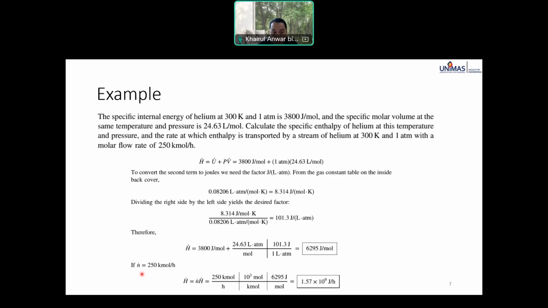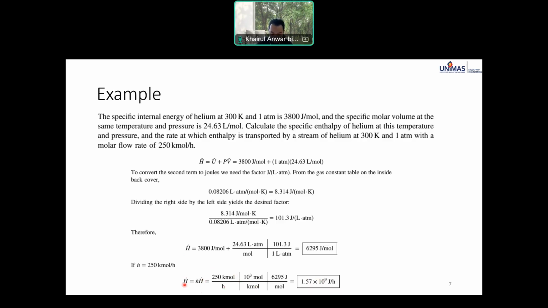So N, this is the molar flow rate, is 250 kilomole per hour. The rate of enthalpy is 1.57, so you must multiply.